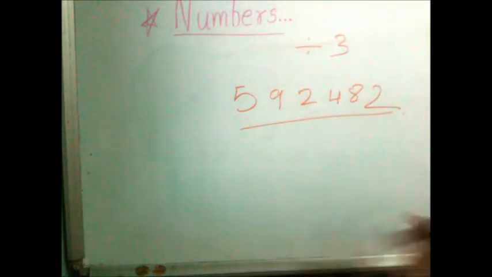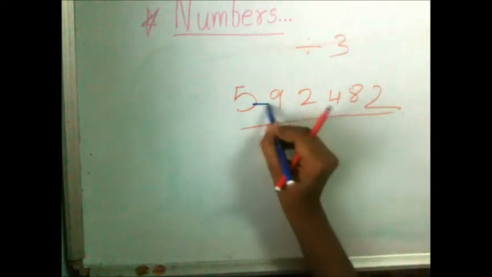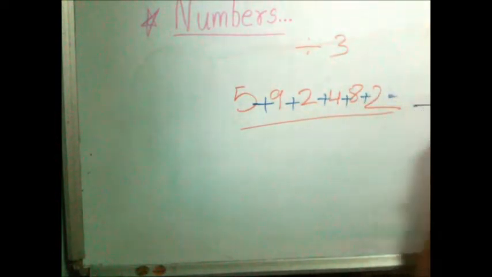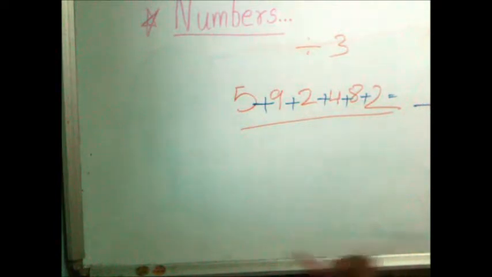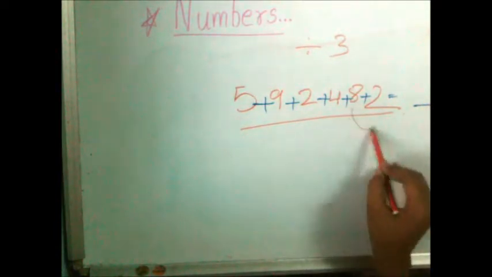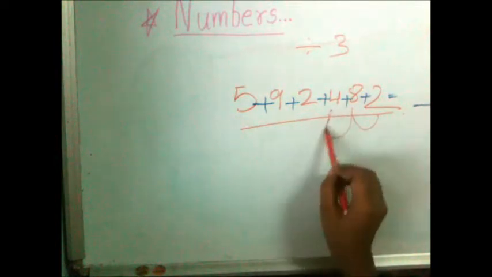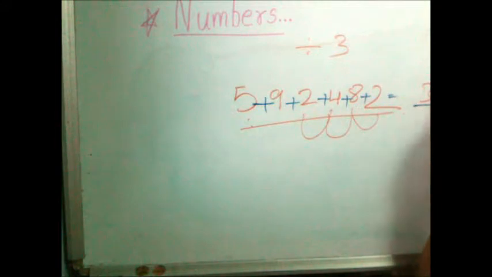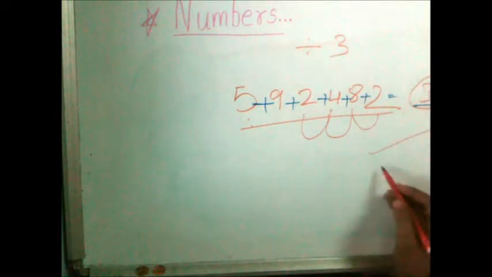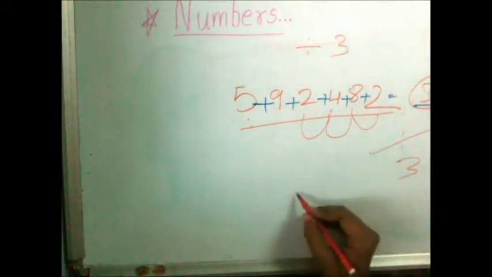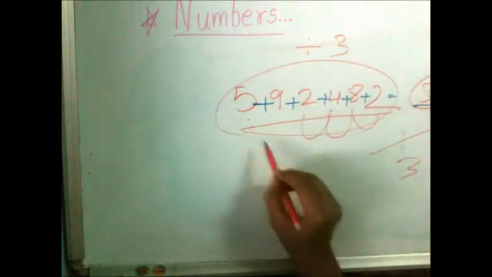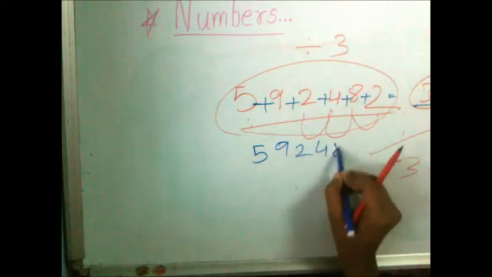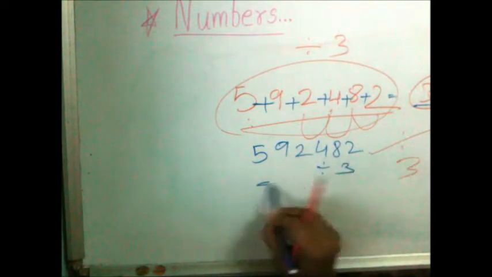We just add: 5, 14, 16, 20, 28, 30. 30 is divisible by 3. Therefore, the whole number 592482 is divisible by 3.